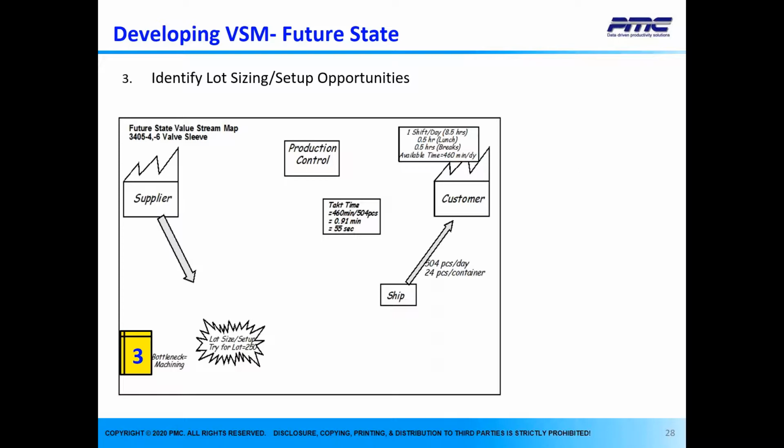Machining could not meet the average customer requirements. However, if a focused setup reduction is made on machining and setup becomes 20-30 minutes, a batch size of 500 or even 250 is feasible. So the mapping team established this as a goal by a Kaizen burst, as you can see here. We're first focusing on going from 1,000 to 250.